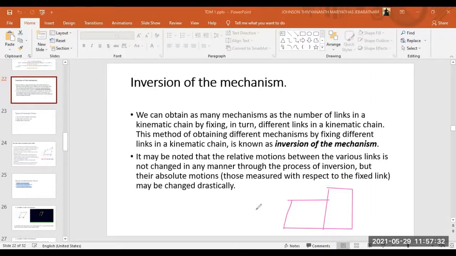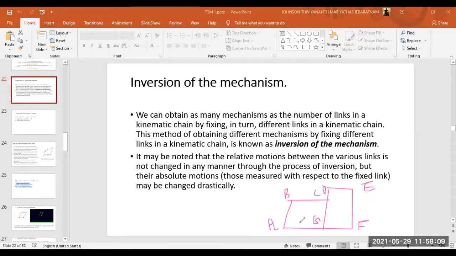So I will name these points as A, B, C, D, E, F, and G. Based on these, I can fix whichever link I wish.